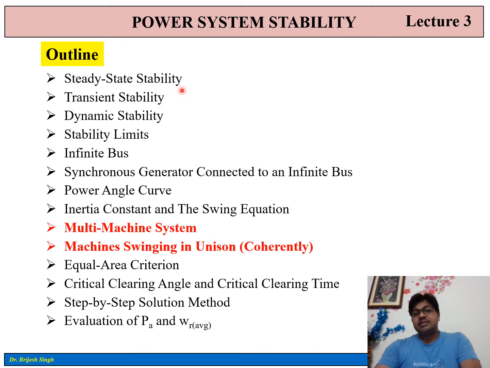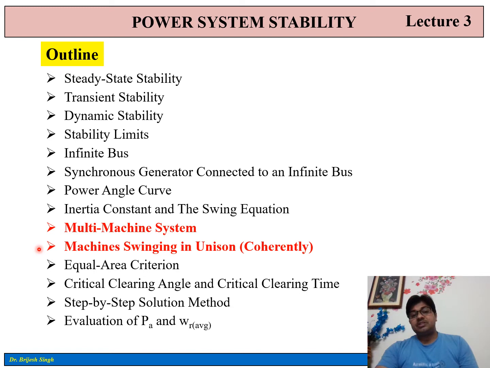Now in this lecture we will discuss these two basic topics related to power stability: multi-machine system and machine swing in unison. The first topic represents the behavior of any power system network with multiple machines connected to the network.